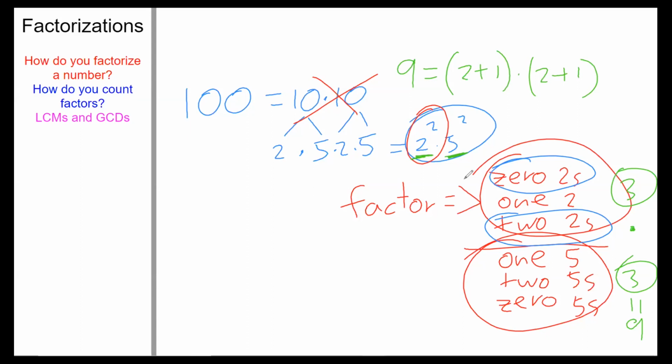So basically, an LCM is a least common multiple, and a GCD is a greatest common divisor.